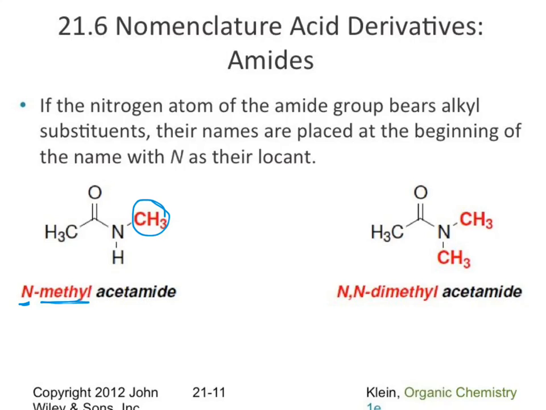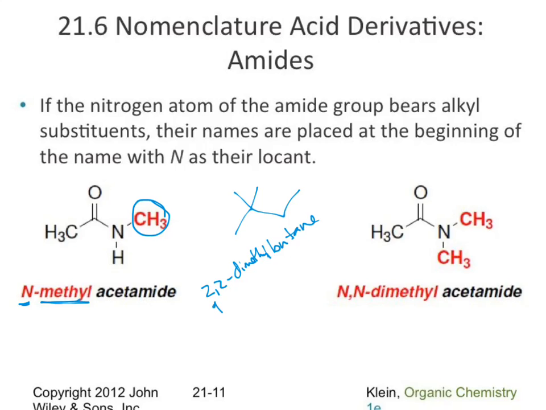What happens if we have two R groups attached to our nitrogen? Well, just like if we had two R groups attached to any individual position, we had to number both of those positions. Okay, so if we had this guy, we've got a butane, right? We have a dimethyl, and it gets numbered as 2,2-dimethylbutane.